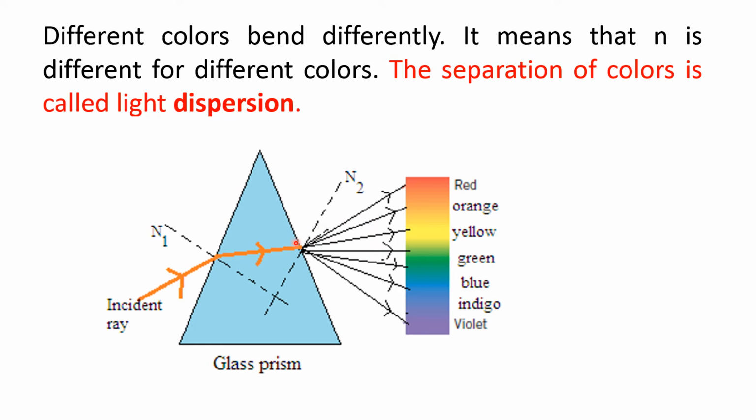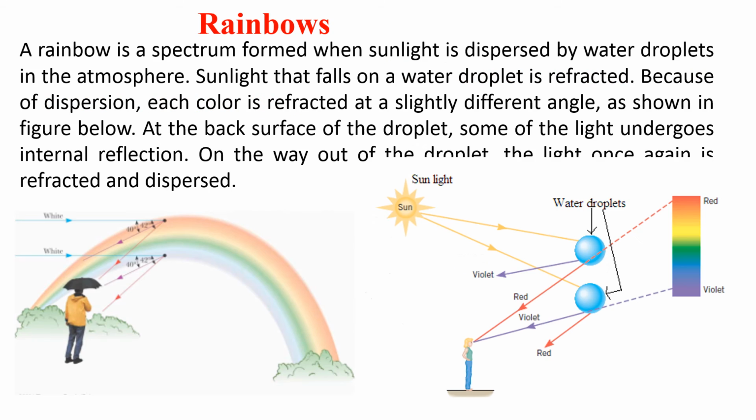Then the way the white light is separated into colors is called the dispersion of white light by a glass prism. This dispersion of white light by glass prism has consequence of formation of rainbow.